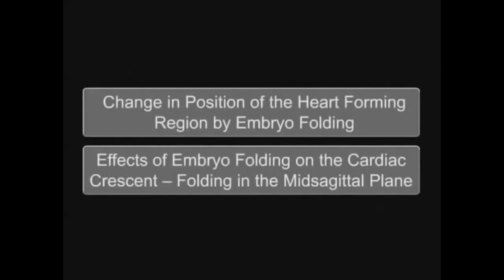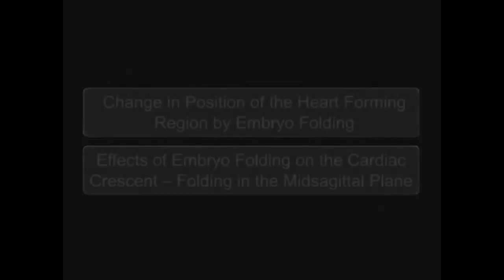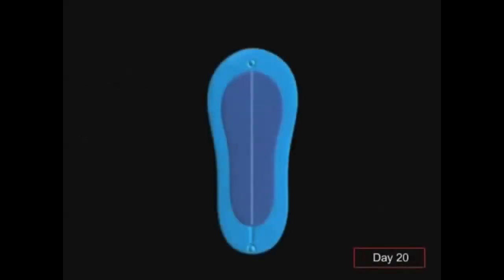Stage of formation of the primitive heart tube. What is this? It's written that it's 20 days of embryonic development.